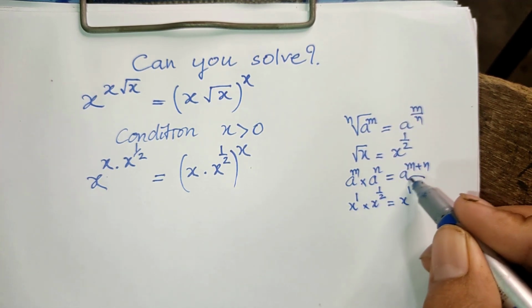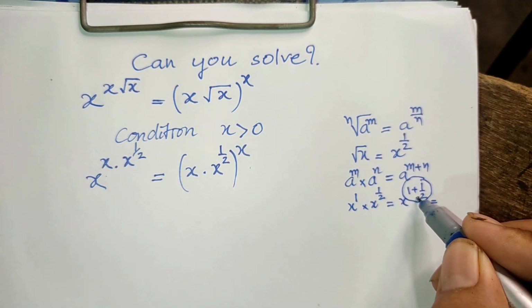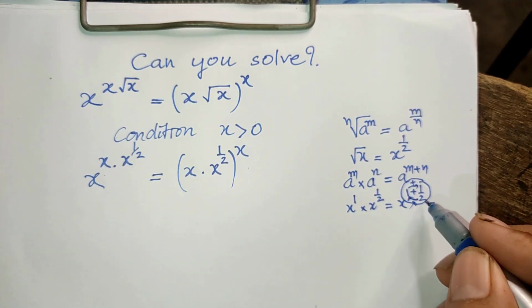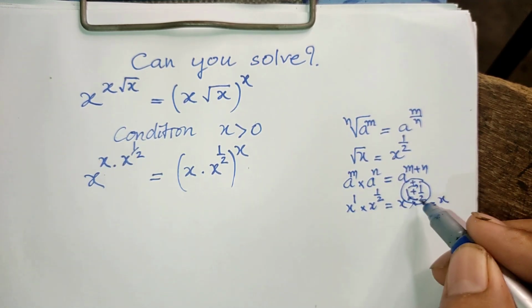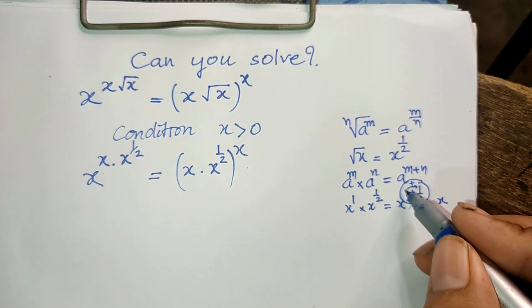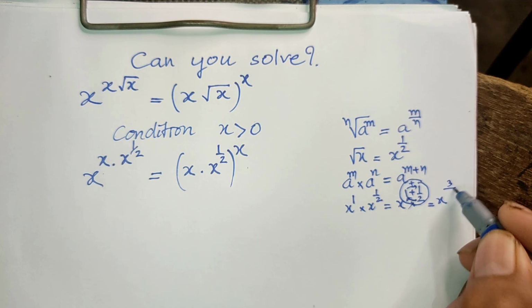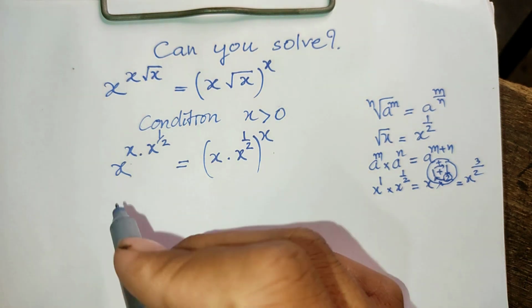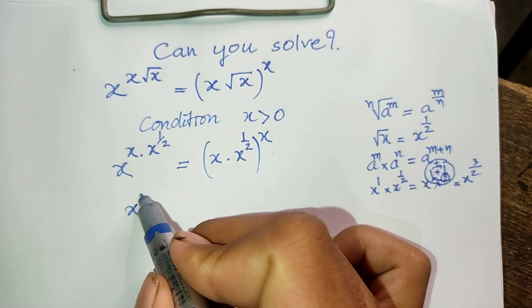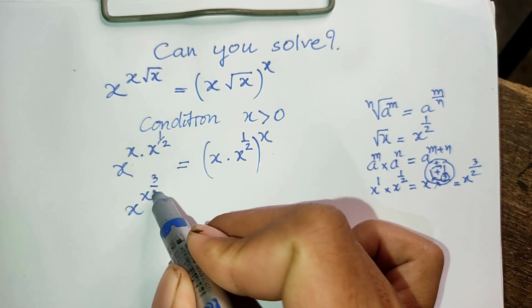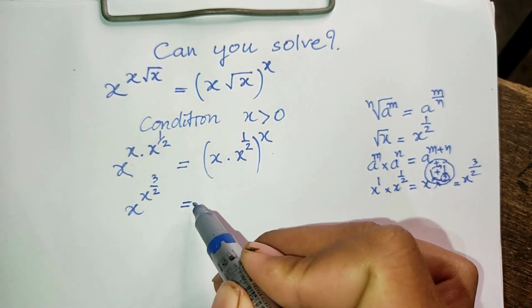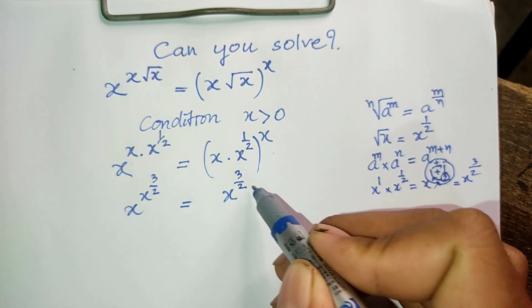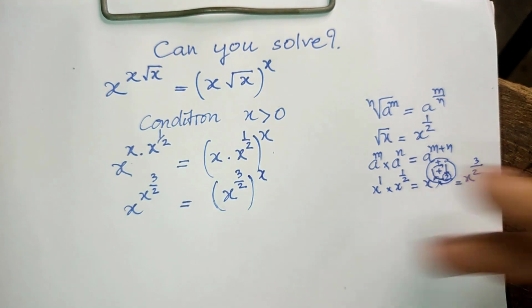And now we take 2 multiplied by 1 and plus 1, so 2 multiplied by 1 we get 2, and 2 plus 1 is equal to 3, divided by this 2. Okay, now we get h power 3 divided by 2, all power h.